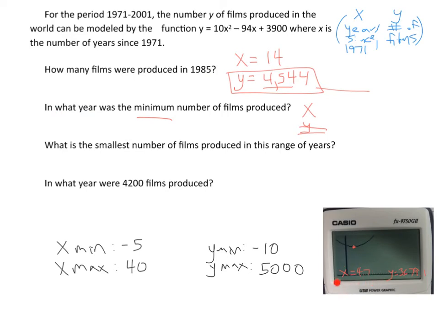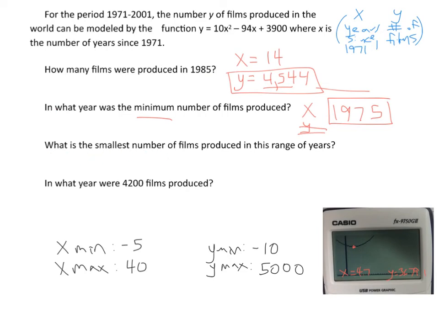Well, it happened 4.7 years after 1971. So we add 4.7 years to 1971 and we get 1975. Okay, now it's sometime during 1975. Don't worry about that 0.7, it just asks what year. So we add 4 years onto this and we know we're somewhere during that 1975 range.